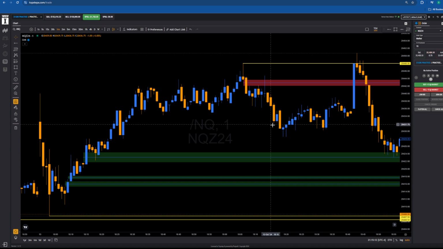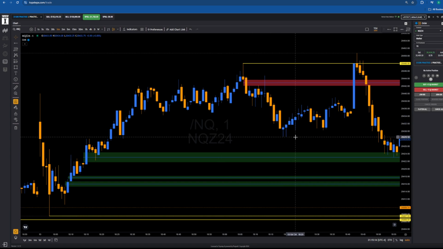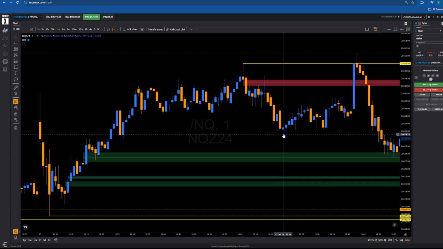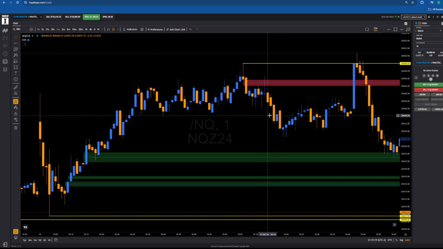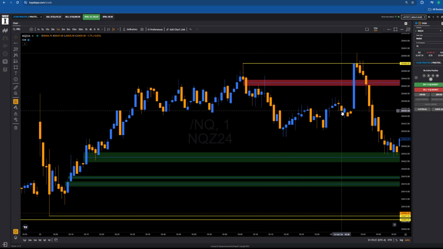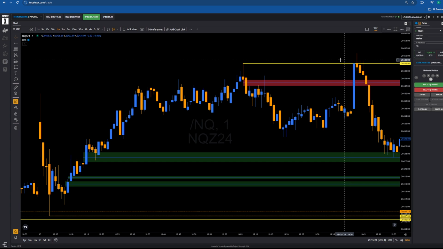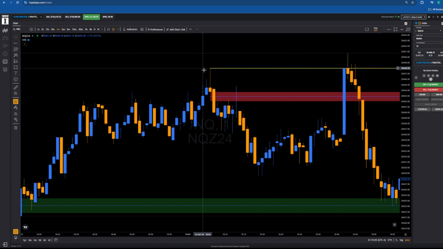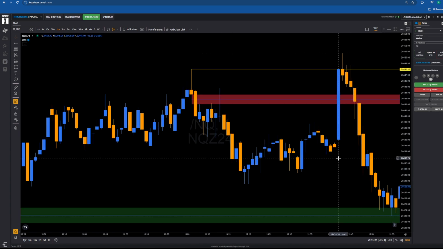So the market generates all that liquidity, and once every buyer is out and new sellers are in, that's where the market gives this explosive move to the opposite side to kick out all the new sellers, right?